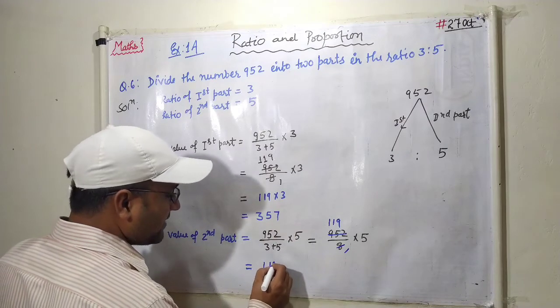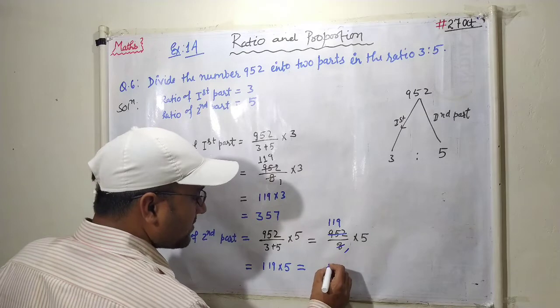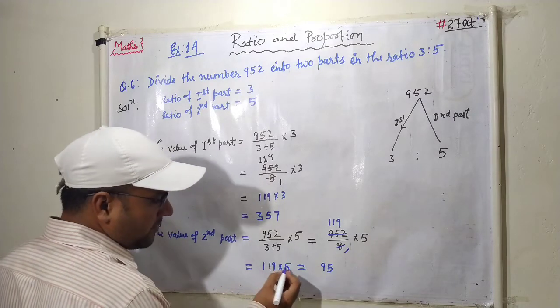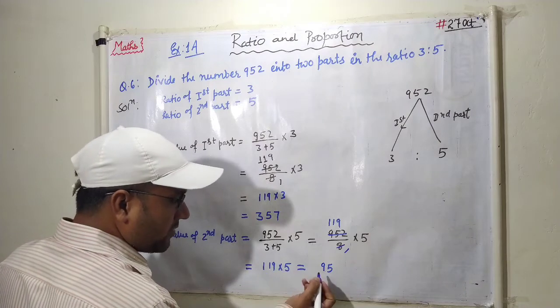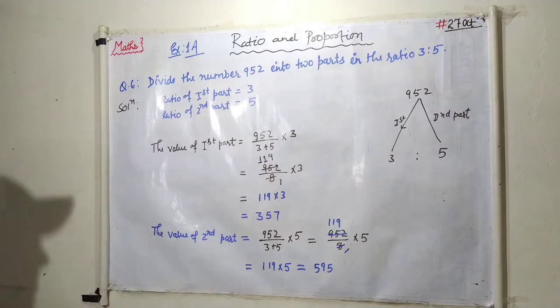And 119 multiplied by 5, what you will get, students, 9 fives are 45, 4 carry, 5 ones are 5 plus 4 is 9, and 5 ones are 5, so 595.